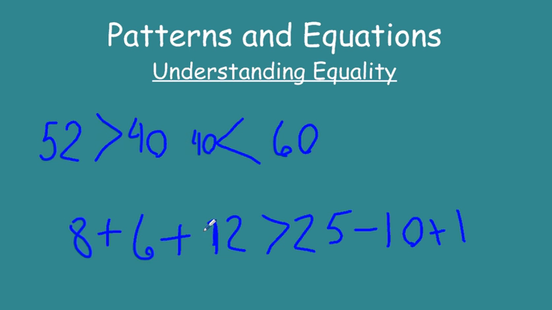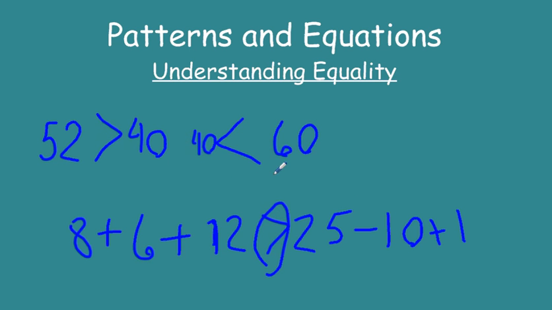If you add all of these up, solve this numerical expression over here, and solve that numerical expression, you'll see that this is greater than this side over here. So that's why we have different numerical expressions that can show the difference.